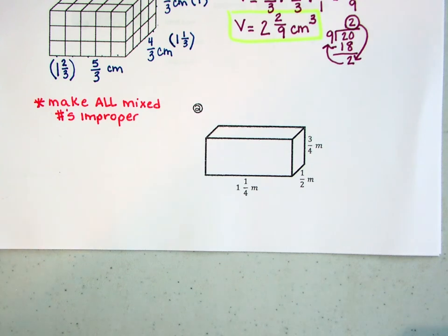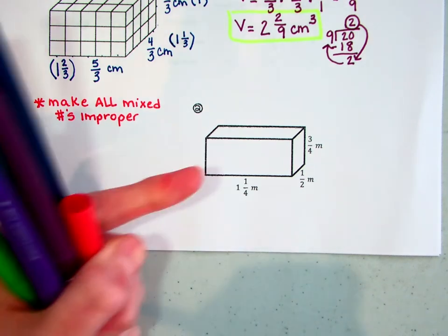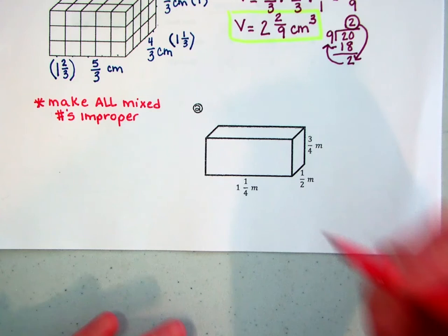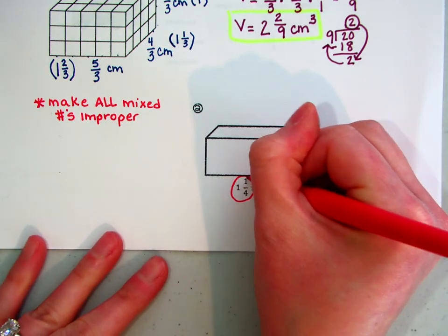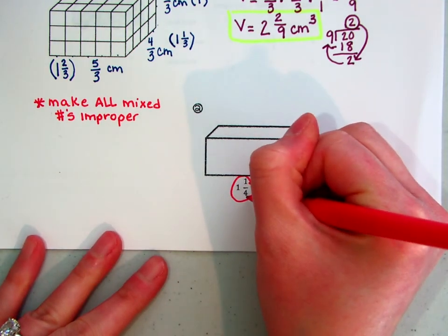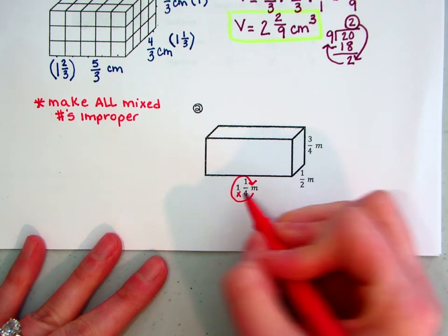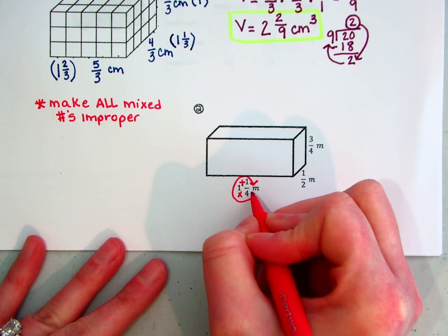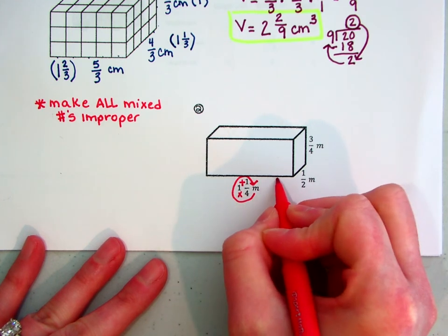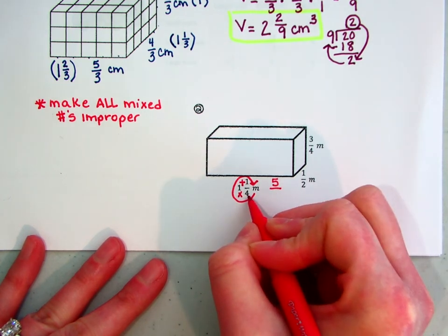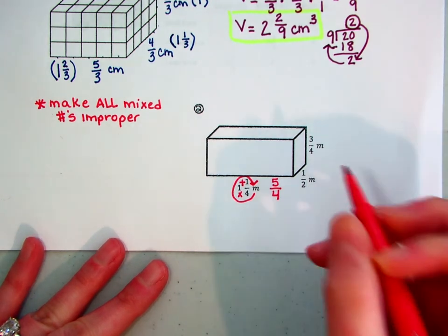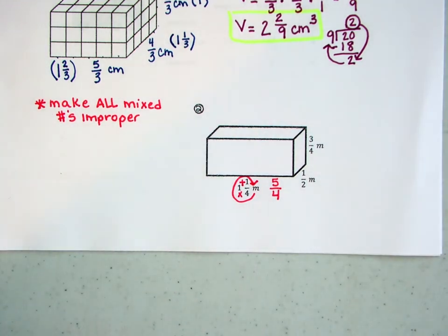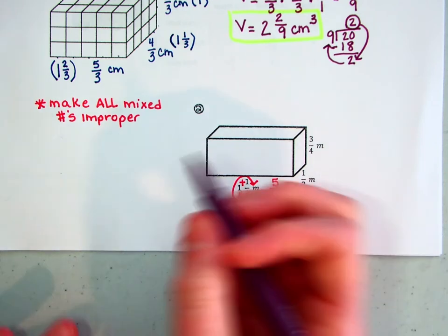So the only one that needs to be changed here, ooh, I just marked it myself, you guys, is 1 and 1/4. So if you remember, we do denominator times the whole number. 4 times 1 is 4. Then we add our numerator. So that's 4 plus 1, which makes 5, back over the same denominator. So 5/4.